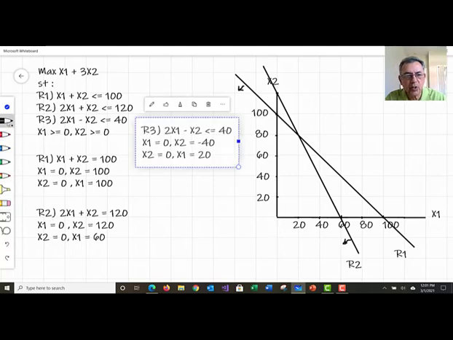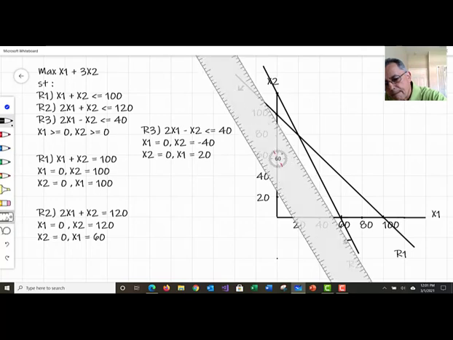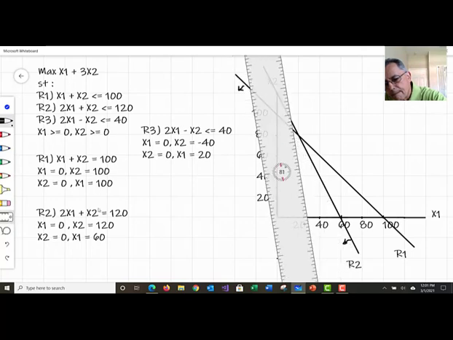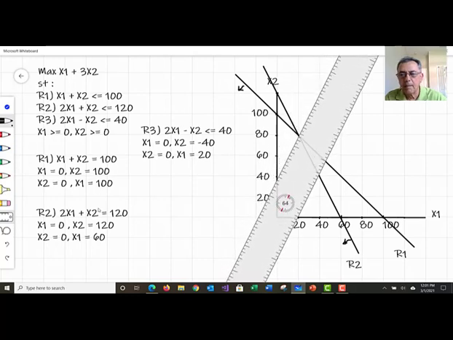The second point is x2 equal to 0, x1 equal to 20, which is right there. And we will connect those 2 points. Like that. And I'll draw my line like so.